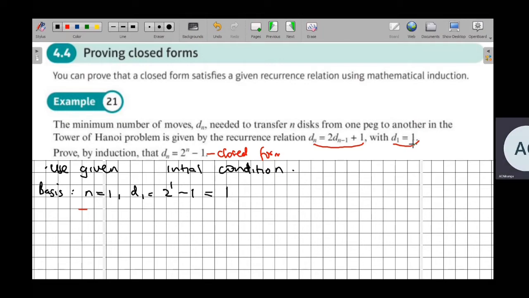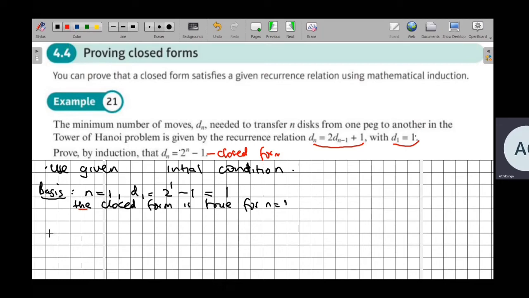And D1 is what? 1 here. So if we put n is equal to 1 here, we still also get 1. What can we say about that? So we can say the closed form is true for n is equal to 1. Are we together? So that's my basis.